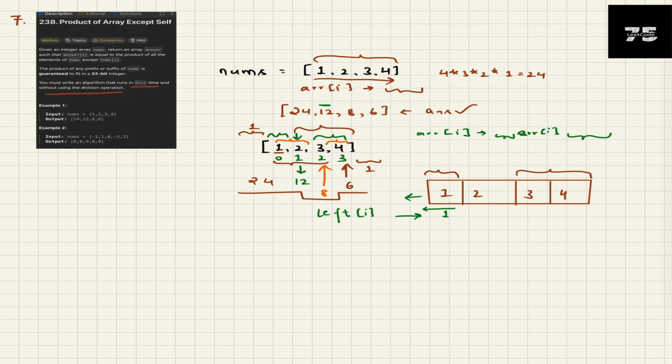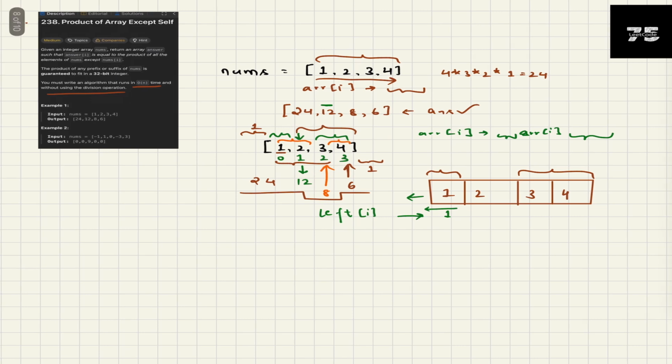So I'm just gonna call it 1. I'll store the multiples which are before 2. Let me just mark arrows a little bit so that we don't get confused. Okay, before 1 I have nothing, so the multiple of this would be 1.